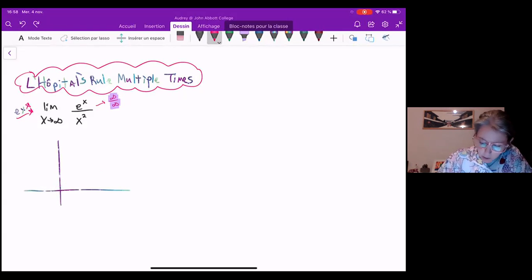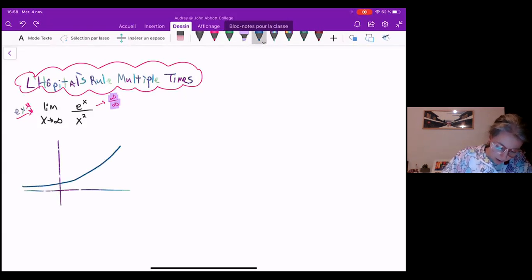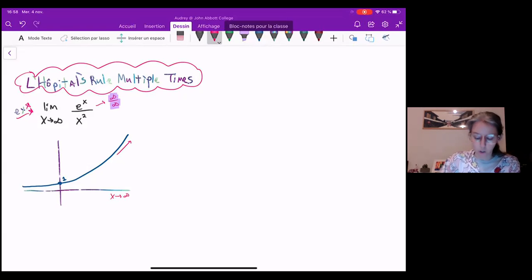Okay, so this is what my graph looks like. e to the 0 is equal to 1. Now, if I follow this graph, my x values up towards infinity, I can see that my y values are just getting bigger and bigger forever. So the limit as x approaches infinity of e to the x is just infinity.